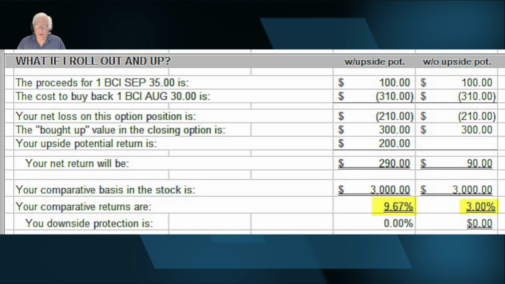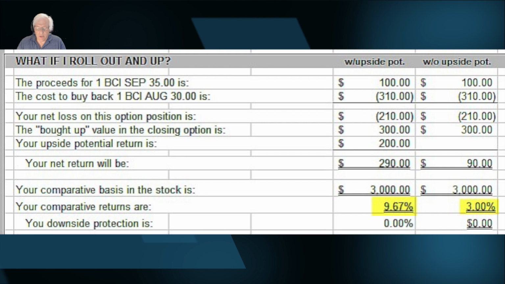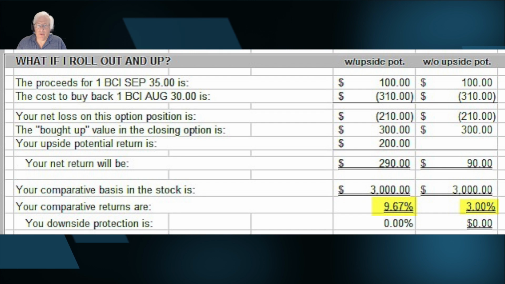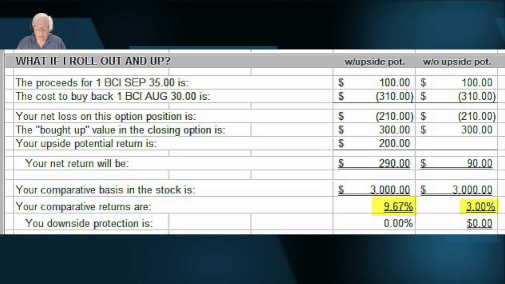So now our shares are actually worth 33. So we have an unrealized stock credit of $300 per contract. Plus, there's a possibility of shares moving from 33 up to the 35 strike, which potentially could generate an additional $2 per share or $200 per contract.